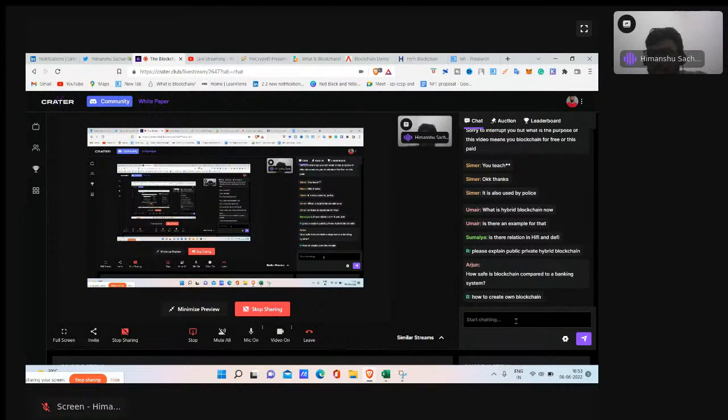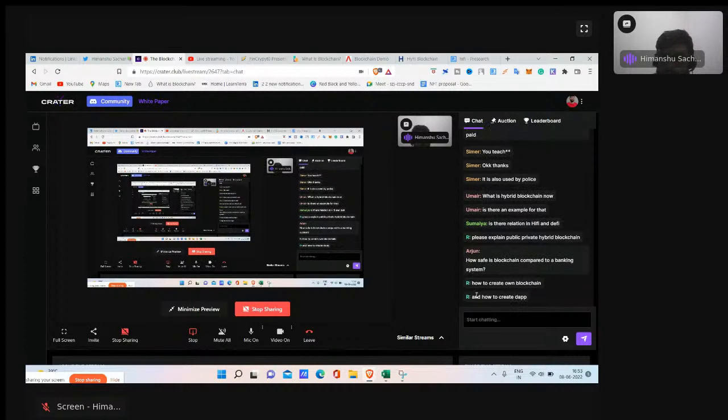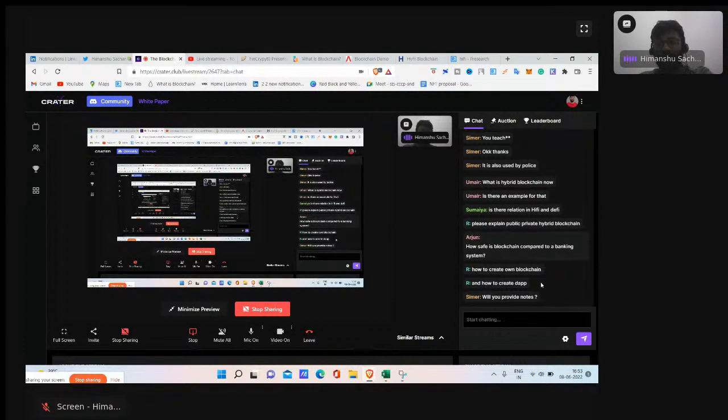How to create your own blockchain? If you want to create a blockchain, you need to know what type of blockchain you want to create, whether a private blockchain or a public blockchain. You need to know coding. If you don't know coding, you can't create it. You need to learn how Solidity works, you need to know Rust, you need to know a lot of coding languages, and then based on that you can create the blockchain.